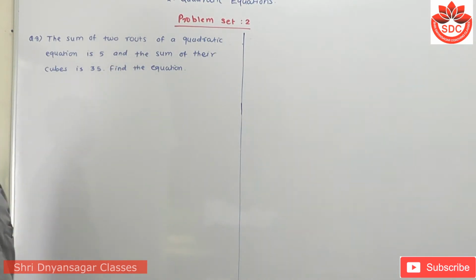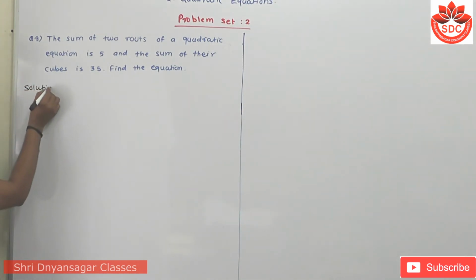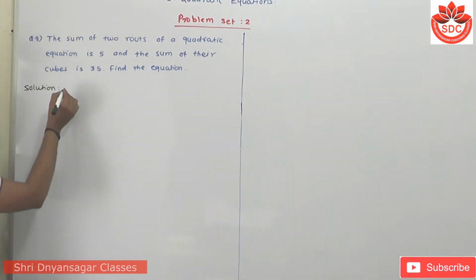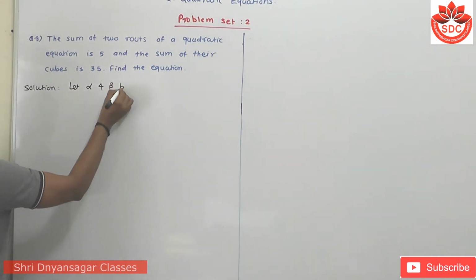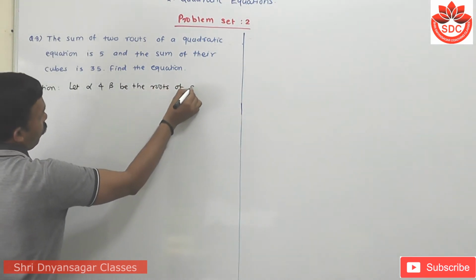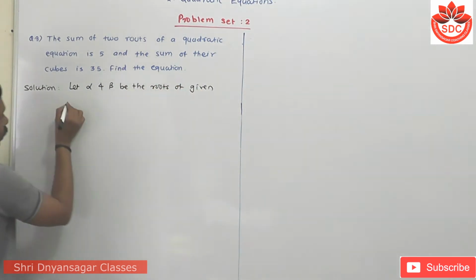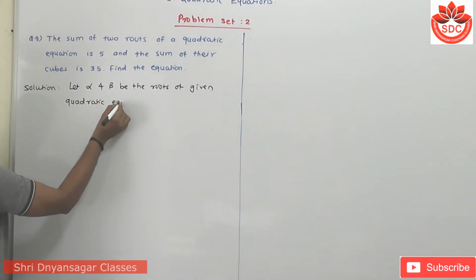Find the equation. Now student, its solution is: for such type of equation we take, let alpha and beta be the roots of the given quadratic equation.